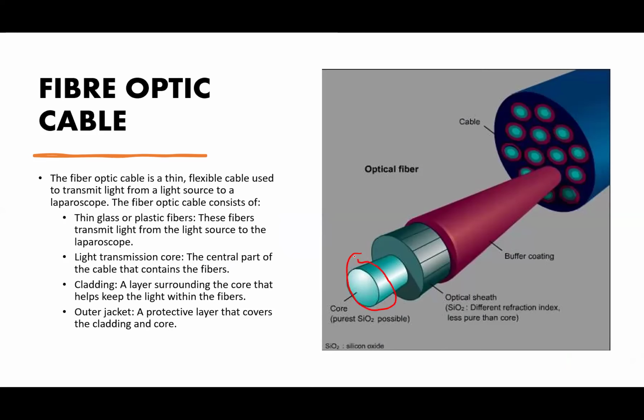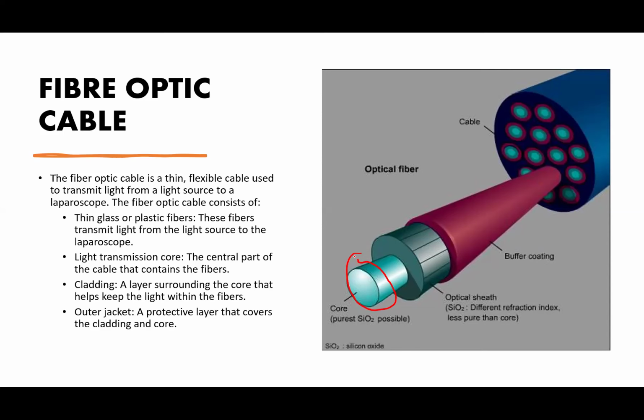Purest silicon oxide possible. The central part of the cable that contains the fiber is the light transmission core. Now, the cladding, a layer surrounding the core that helps keep the light within the fiber, is also the optical sheet. It keeps the light within the fiber.